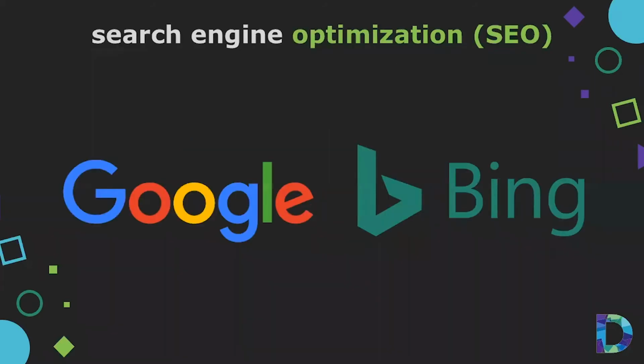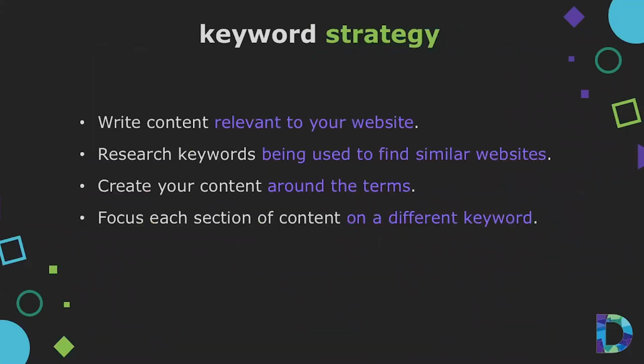When you launch your website, you'll want to ensure that it gets the highest search rankings possible. Standard practices include things like keyword strategy. When writing your content, be sure that it's relevant to your website and employ appropriate keywords within your content.